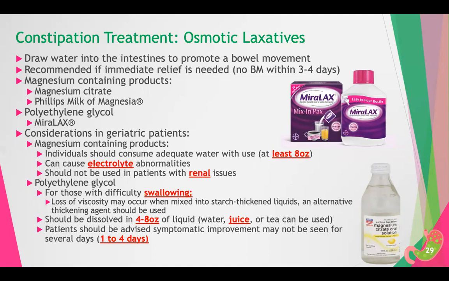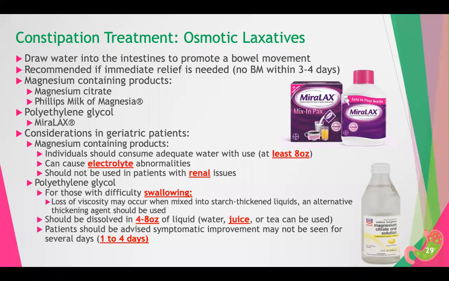In individuals who have difficulty swallowing, if they have a risk for aspirating liquids, typically they'll mix a thickening agent into the liquid to make it a little more thick, so that it's not very watery for them to swallow. But with Miralax, the viscosity will be decreased if they have to have a thickened liquid.